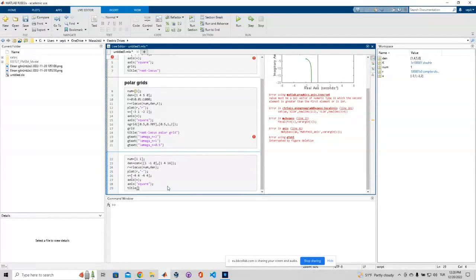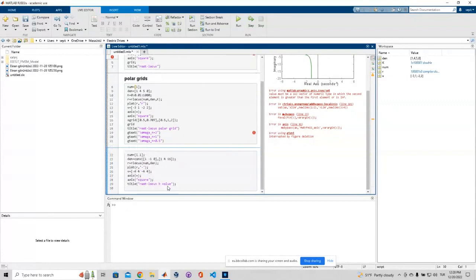We can add a title again. Locus K value, you can write it.